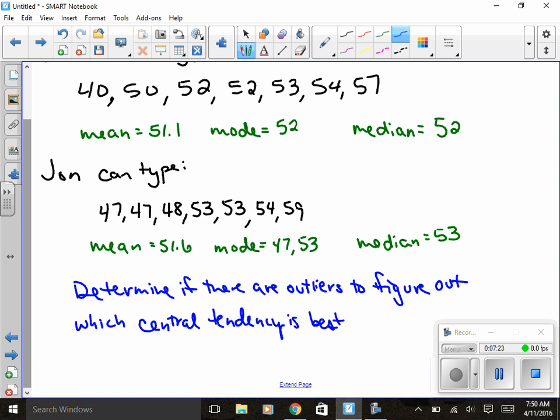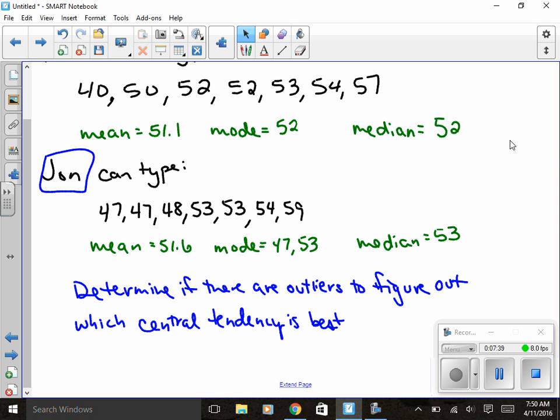And like I said, from this we can determine that John is our one that is going to type faster. And this one just happened to work out that the mean, mode, and median were all higher than Monica's, but that is something you need to look at, is determine the outliers and then figure out which central tendency to use.